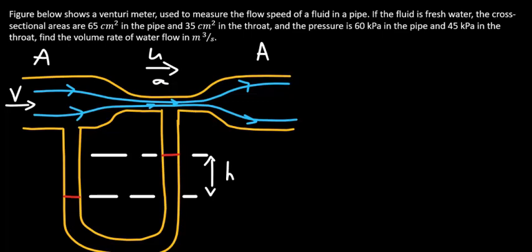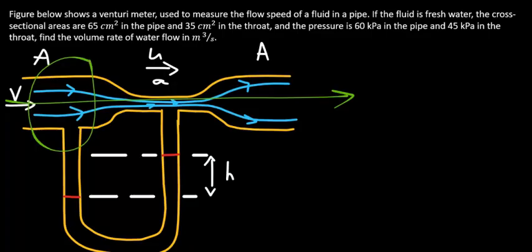Let's try to understand the setup. The fluid, or in this case, fresh water, is moving in that direction. So here, the cross-sectional area is larger than the cross-sectional area there. So that means the speed, according to continuity equation, the speed there is smaller than the speed at the throat.